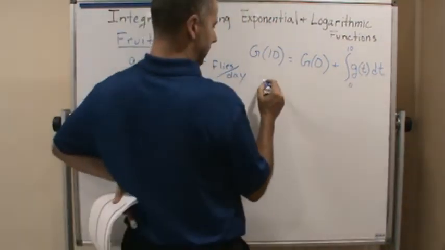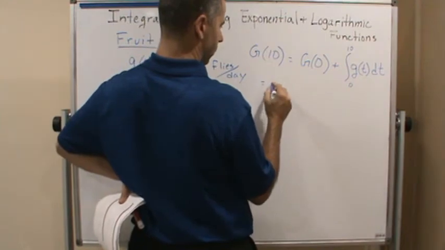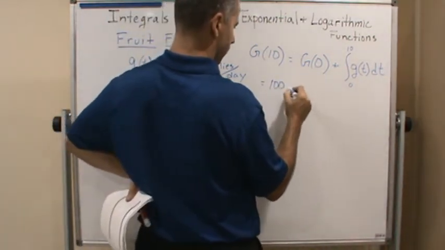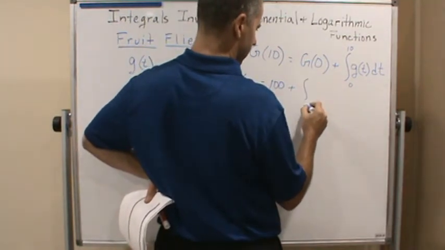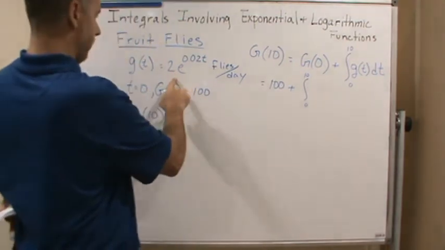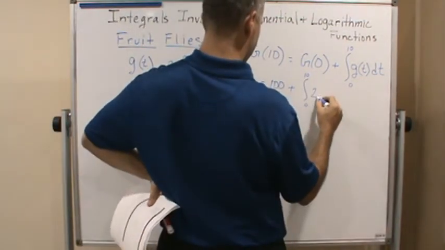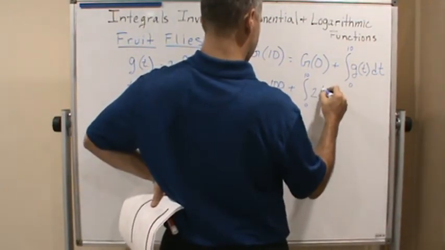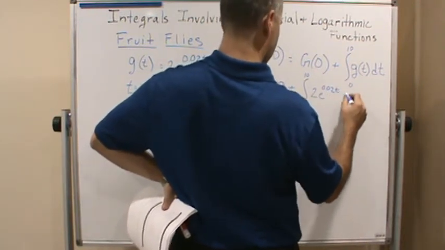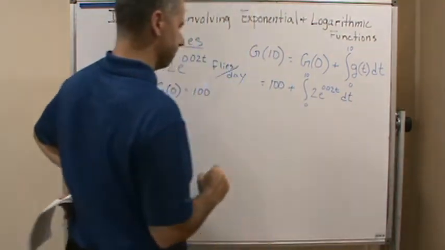So that means this is going to equal 100 plus the integral from 0 to 10 of this: 2e to the 0.02t dt.